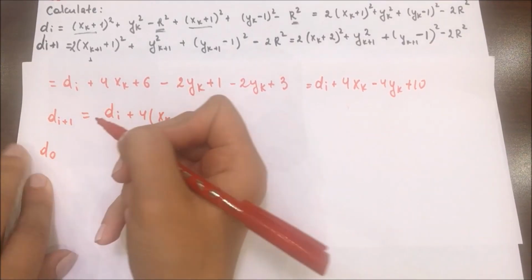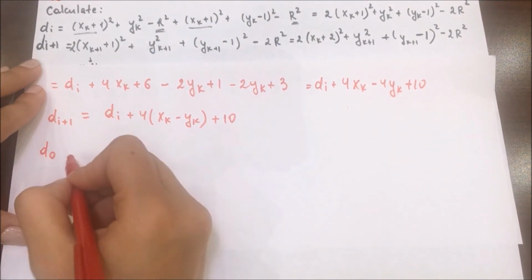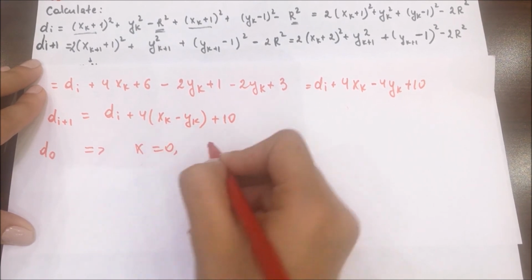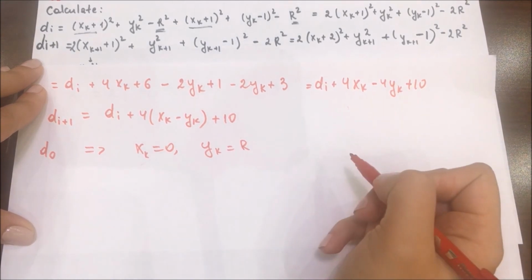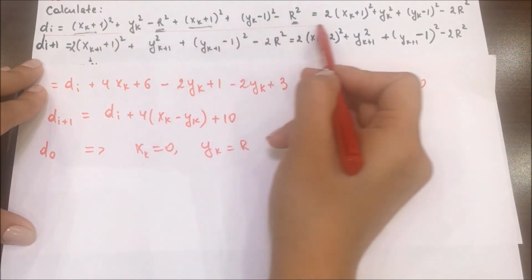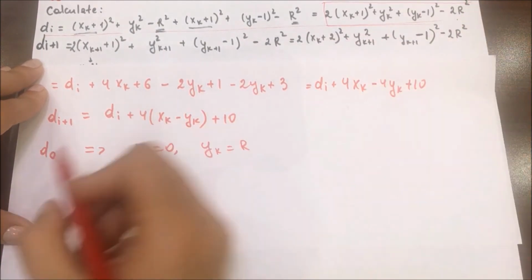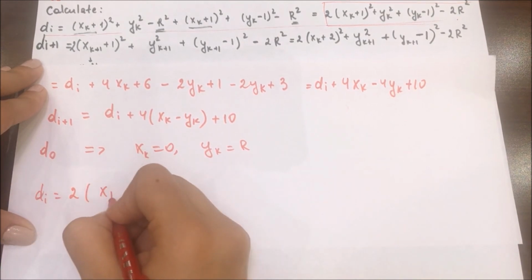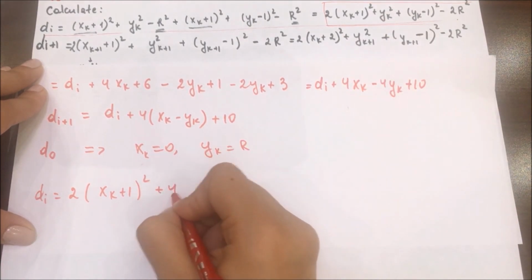Now let's find out how to calculate the initial decision parameter. We already know that at the initial point xk will be 0 and yk will be r, the radius of the circle. Now we're going to write down our main decision parameter equation as we have written in the previous calculations.